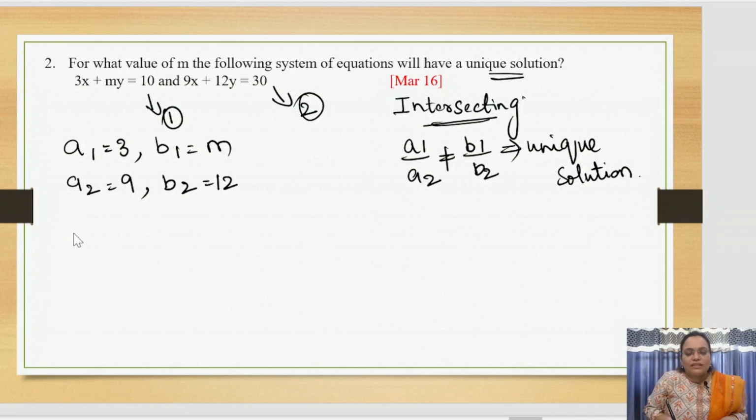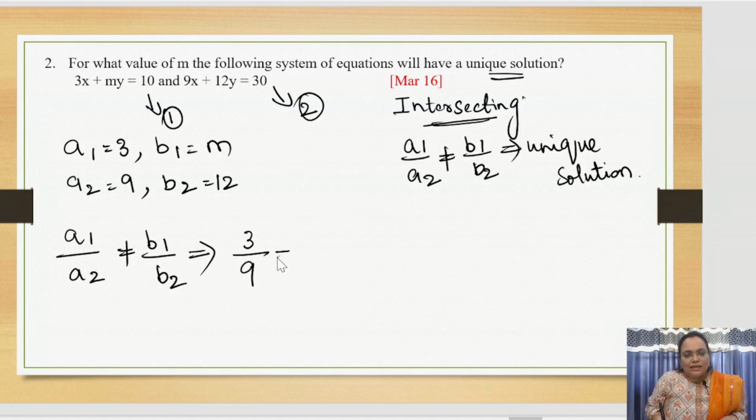So what is the condition for intersecting lines? That is a1 by a2 is not equal to b1 by b2. From here, a1 is 3 by a2 is 9 is not equal to b1 is m by b2 is 12.